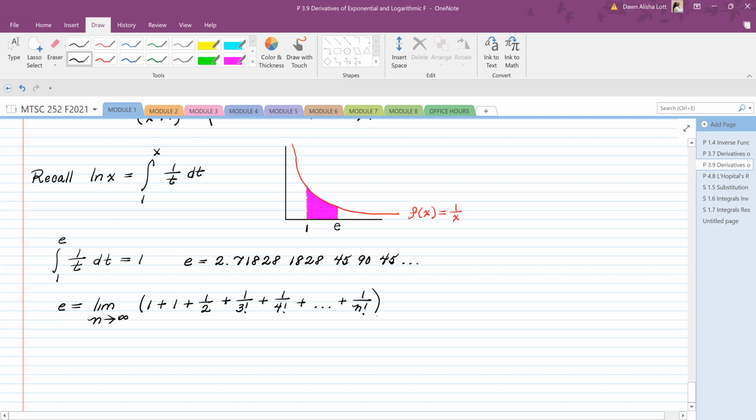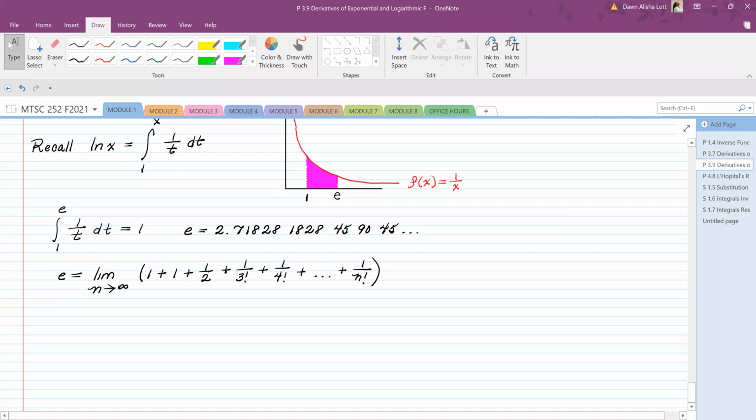So if n goes to infinity, that's another way of approximating this number e. So e is the only number such that the log of e is equal to 1. That is, that integral is equal to 1.